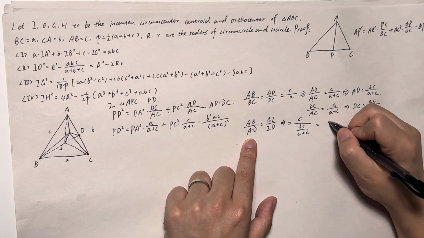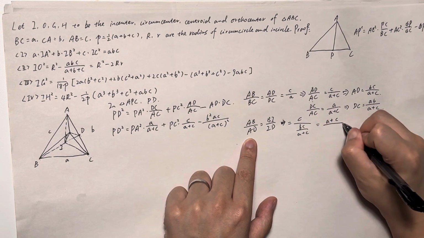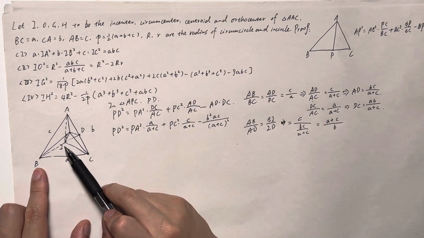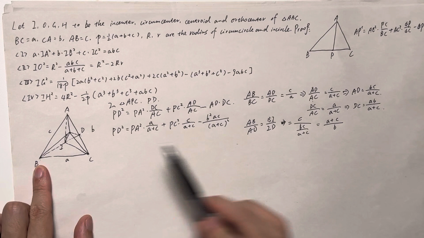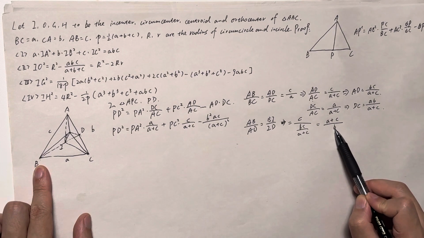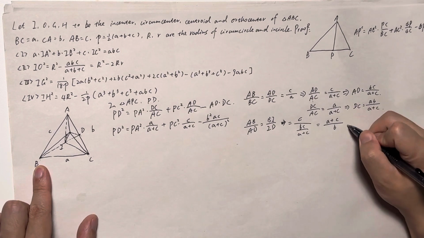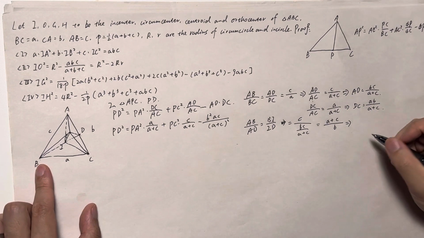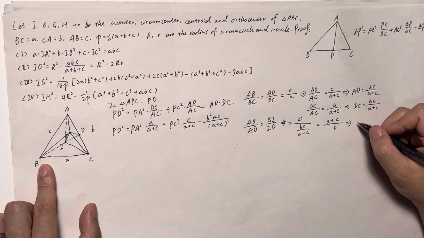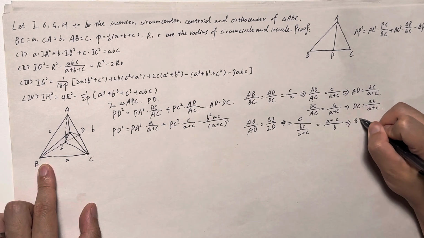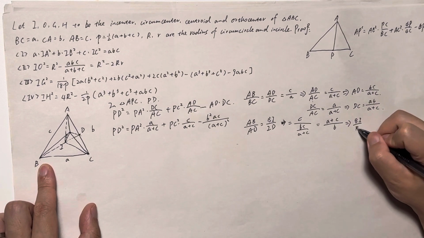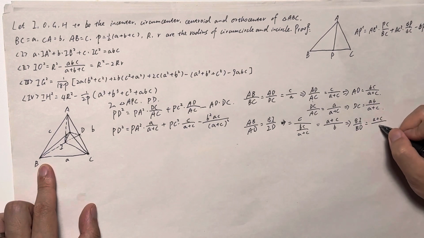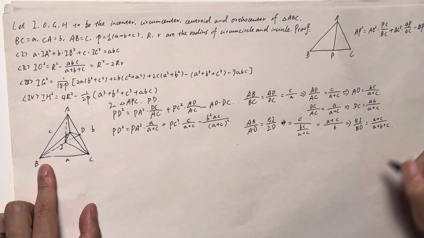So BI to ID is a plus c divided by b, which means BI to BD equals a plus c divided by a plus b plus c.